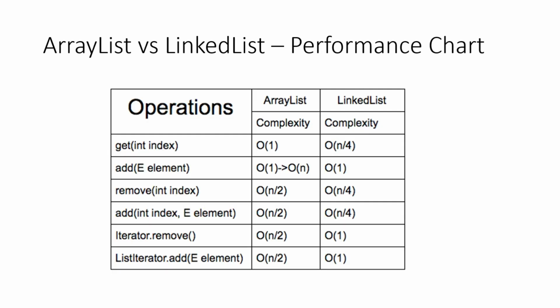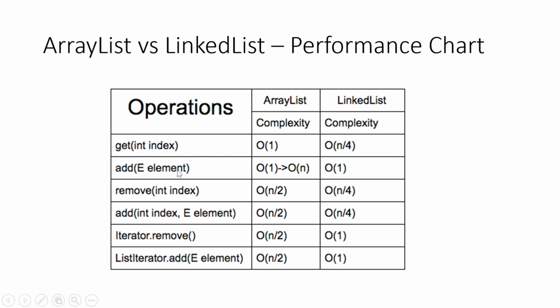So if I go to a performance-wise analysis, then accessing any index element for ArrayList is very fast, complexity of 1, like O of 1, whereas for LinkedList it is O of n by 4. So in this particular scenario, ArrayList is faster.